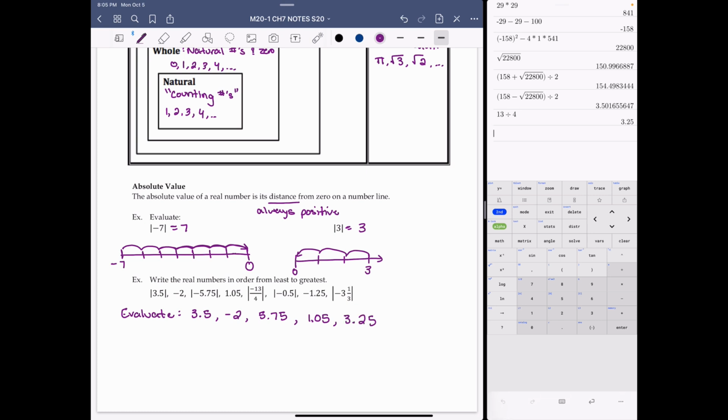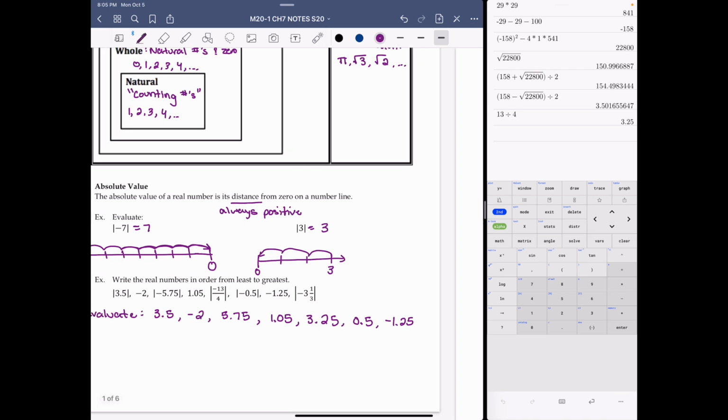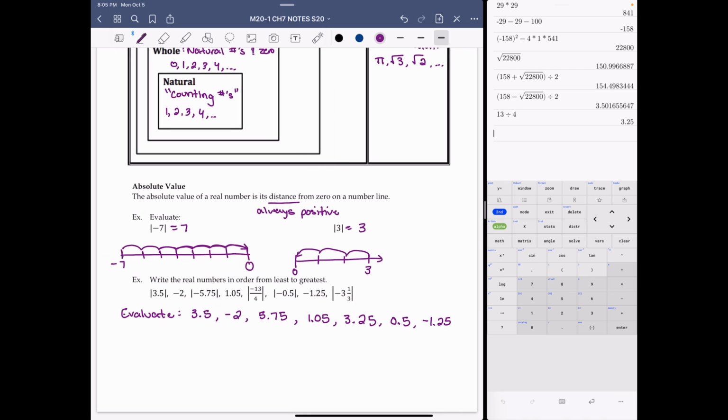Then we have the absolute value of negative 0.5, which would be 0.5. Then we have negative 1.25, not absolute value, just negative 1.25. And the last one is the absolute value of negative 3 and 1/3, which would be 3 and 1/3, which is 3.3 repeating.